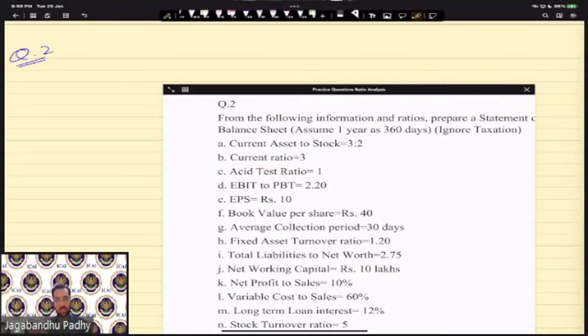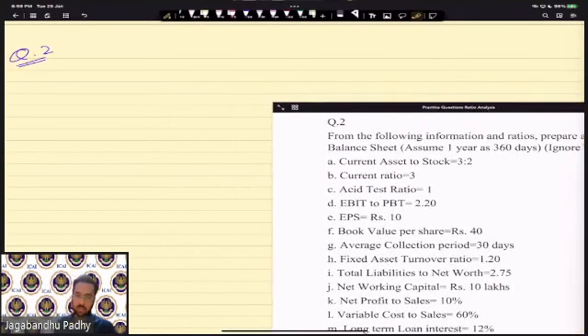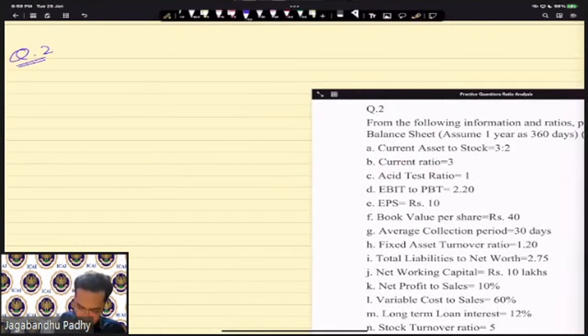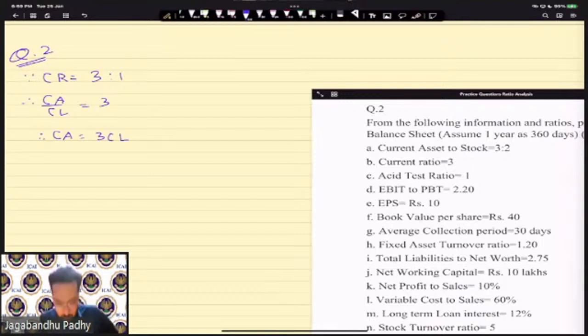That's the first step to start the solution. Since current ratio is 3:1, current asset upon current liability is 3. Therefore current asset is 3 times current liability. That's our equation number 1.